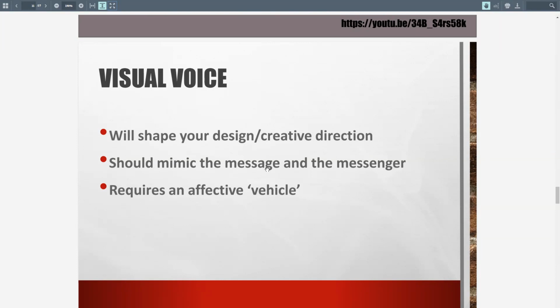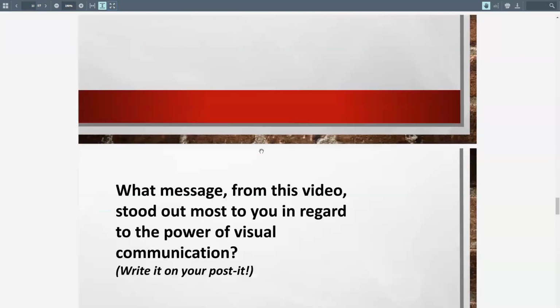We want it to be evident what we were trying to talk about and the messenger. So you, and if there's another messenger kind of falling behind whatever your message is, we want to also give them a little bit of a voice. It requires a vehicle, not a literal car, but you are giving it wheels. Whatever you pick to do, you are giving your message voice wheels, okay?